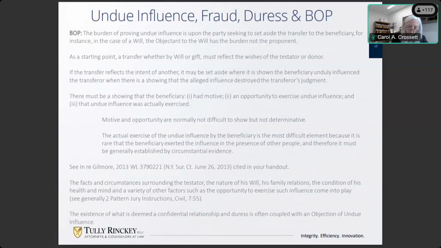So without the showing that undue influence was actually exerted upon the decedent, mere speculation that opportunity and motive to exert such influence existed is insufficient. This is really difficult to show. And I do consult with clients that sometimes feel that somebody was always around him or her and so forth.